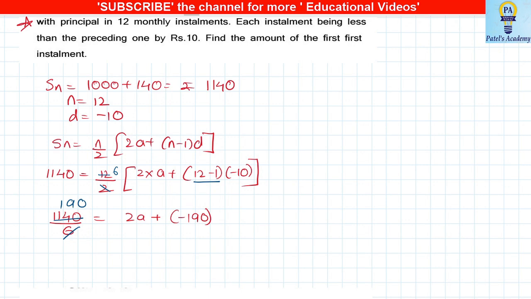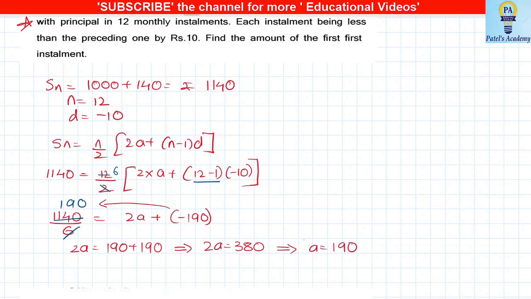Okay, so after shifting minus 110 over here, what I'll get is 2a equals 190 plus 110. So that is 2a equals 380. a equals 190. So what is 190? Rupees 190. Basically, that is nothing but the first installment.